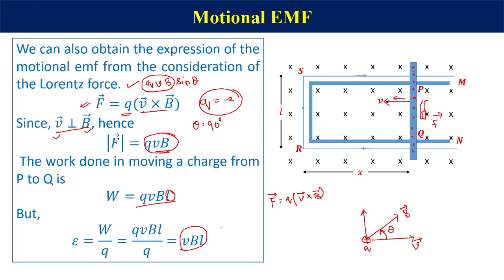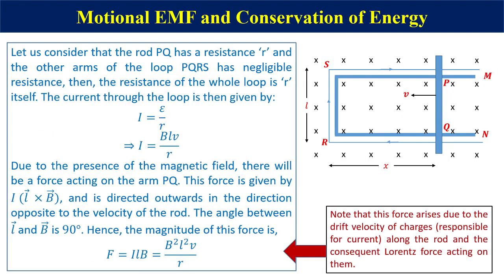So there are two ways of getting this expression for motional EMF. You can follow either of them. Since we are doing it in the Faraday's law sense, I would rather prefer the first one.